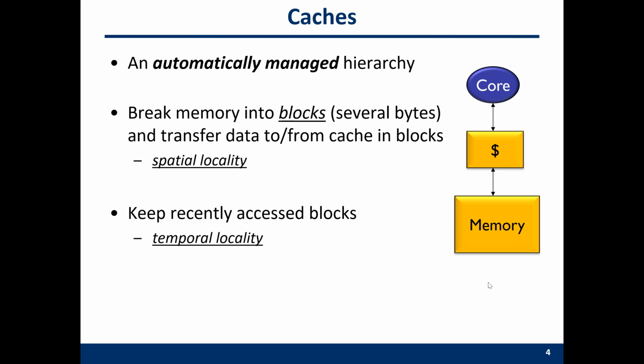And the temporal locality means it's very likely you will access this element again in a very short time. So in order to improve the hit rate of the cache, we need to improve the locality, including the spatial locality and the temporal locality.